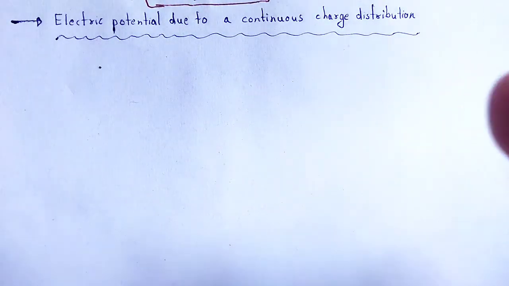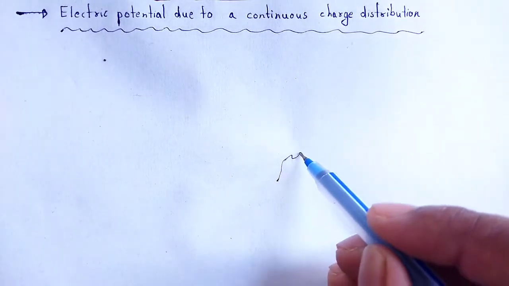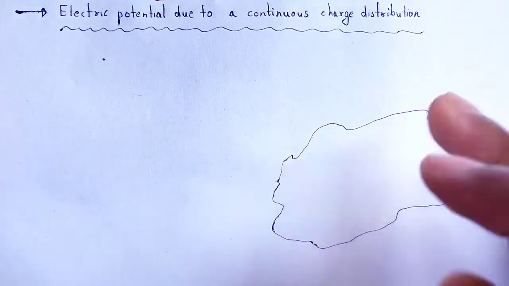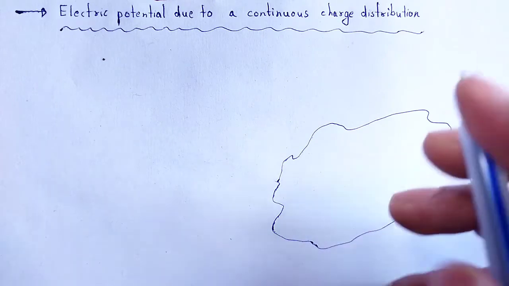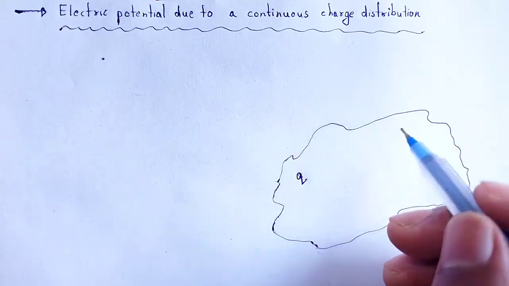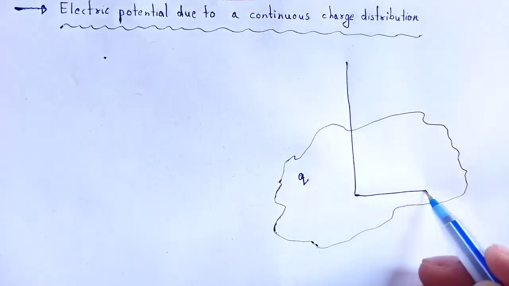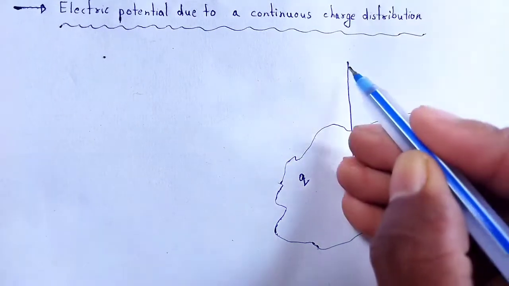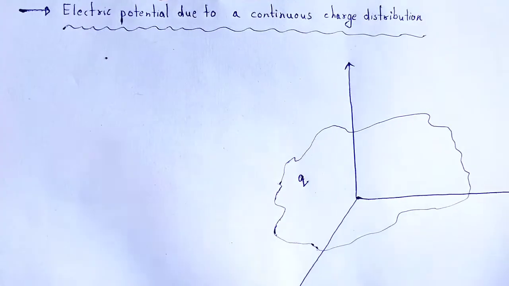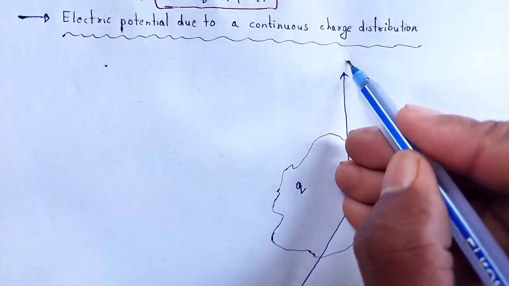Here we consider a continuous charge distribution. Let the charge be distributed continuously, and the amount of charge be Q. Here we take the coordinate axes x, y, z.